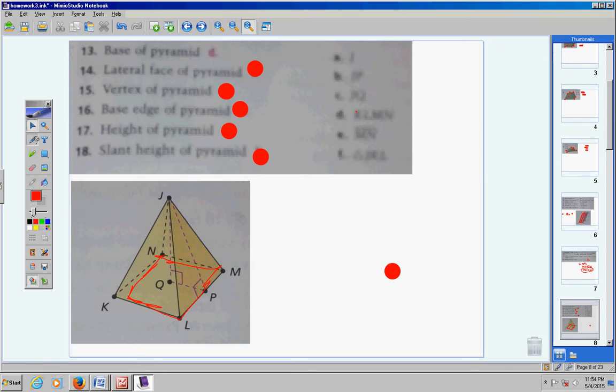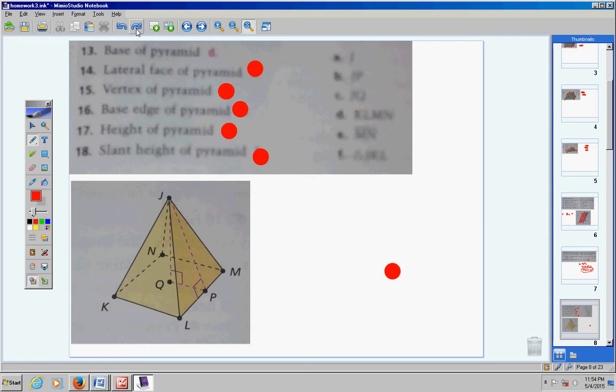Now, lateral face of pyramid. Remember, lateral face is any face that's not a top or a bottom face, okay? So your lateral faces could be this triangle here if you wanted, or this one over here, or this one here in the back, or this triangle here to the left, okay? Any of those would be a lateral face.